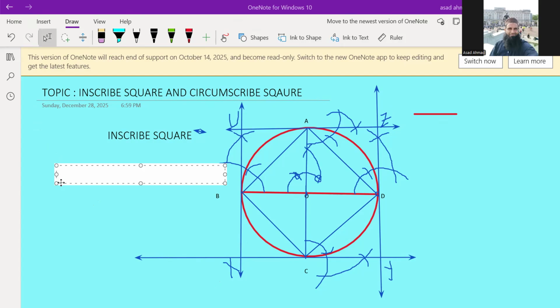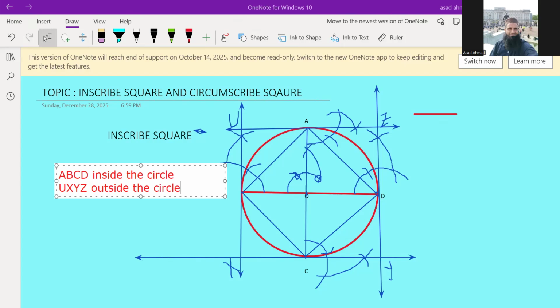So we have obtained two squares, right? One is ABCD, which is inside the circle, and another square which is labeled U, X, Y, and Z, which is outside the circle.